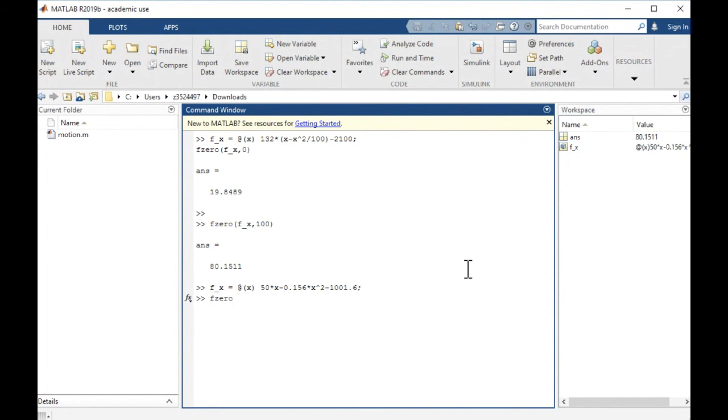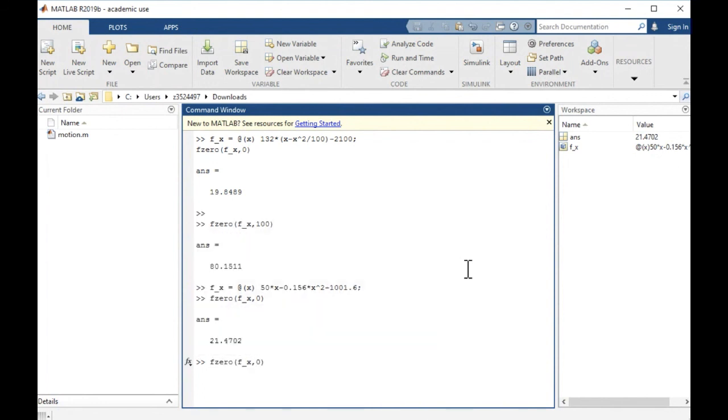And if I want to find its root, if I give 0 as the initial guess for the solution, the first solution would be density equal to 21.47.